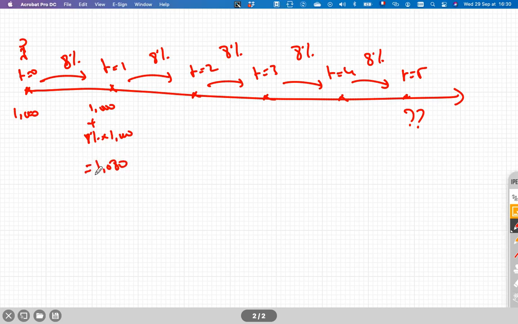Now, as I told you, we will not consume the interest. We will not draw this interest. We'll keep it in the bank account, and then we'll reinvest the whole amount for the second year, which means that by the end of the second year, we will have $1,080 times 1 plus 8%.